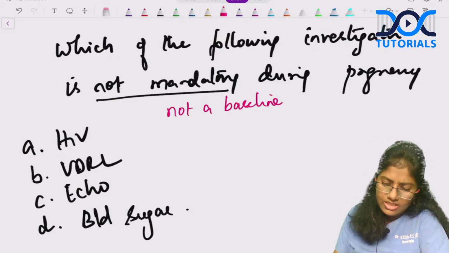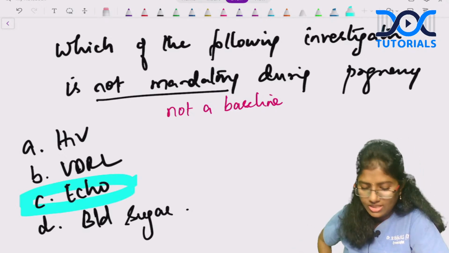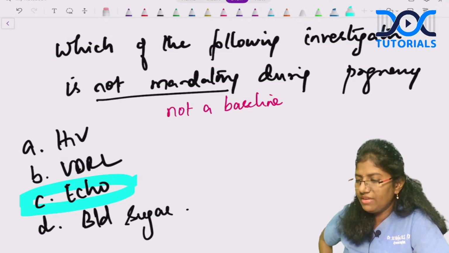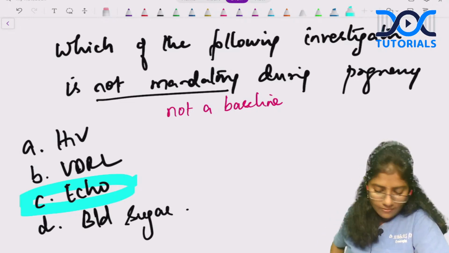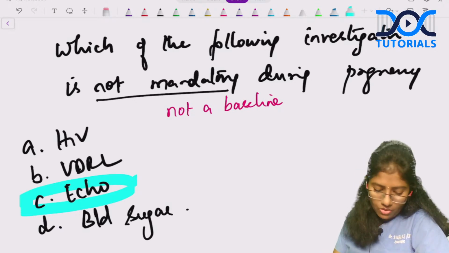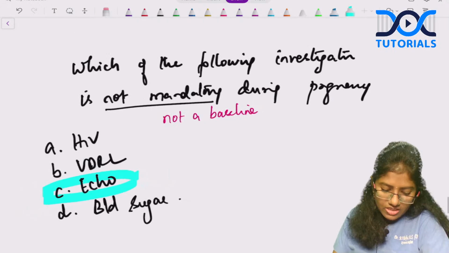Echo is the correct answer. Echo is not a baseline investigation. HIV and VDRL are a must during pregnancy. For those who think it is VDRL, please do not skip VDRL during pregnancy. Echo is the investigation that is optional during pregnancy.